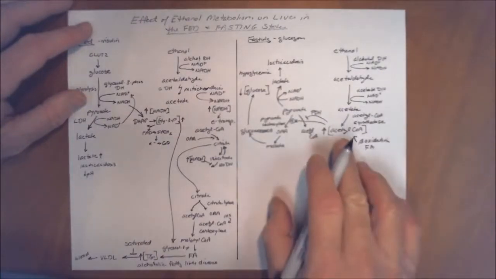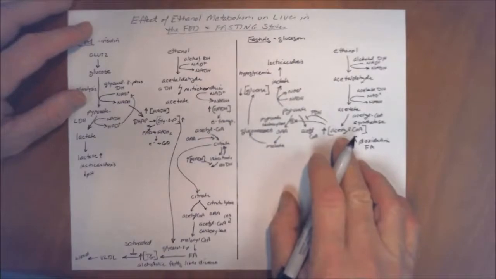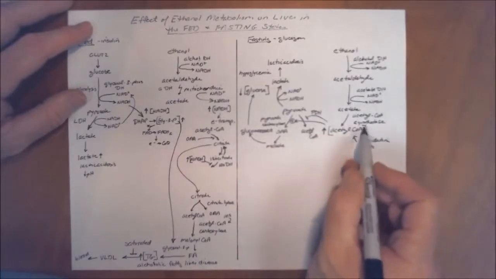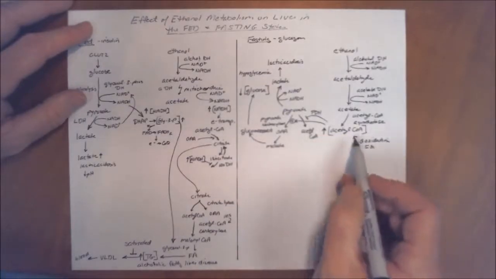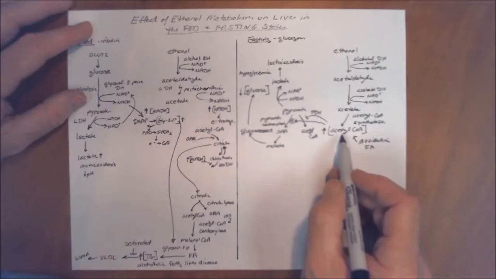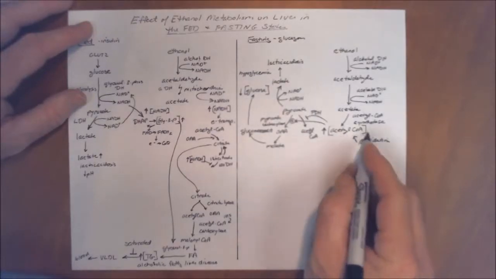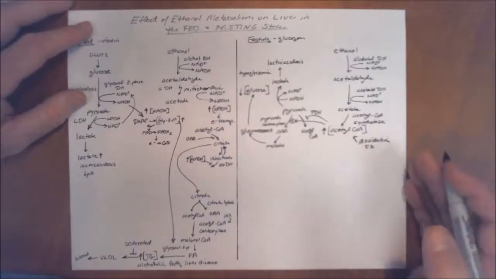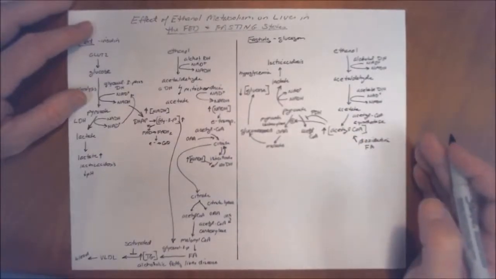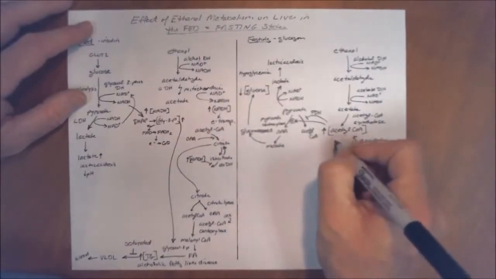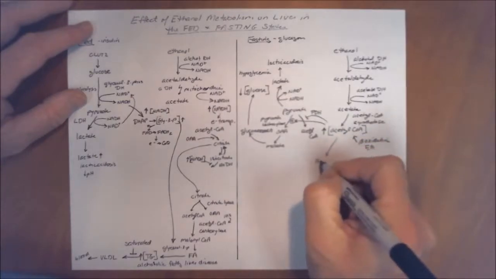Now if we return to the matrix of the mitochondria, under normal conditions we have a substantial amount of acetyl-CoA because of beta oxidation. And recall in the extended fast starvation state, as acetyl-CoA levels rise due to time of oxidation of fatty acids, we will now induce ketone synthesis.